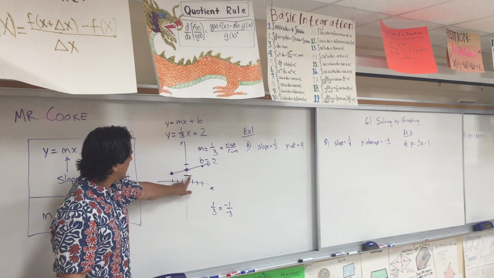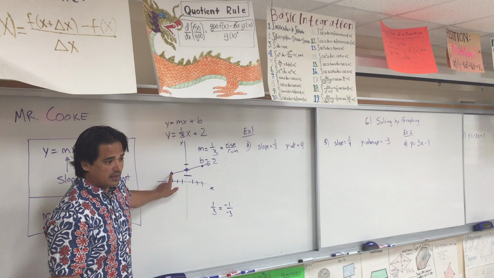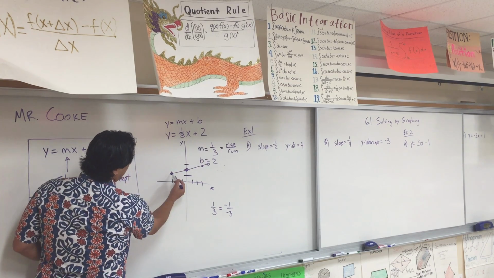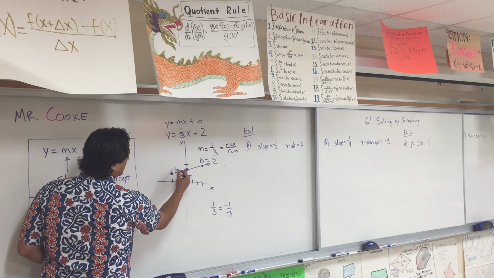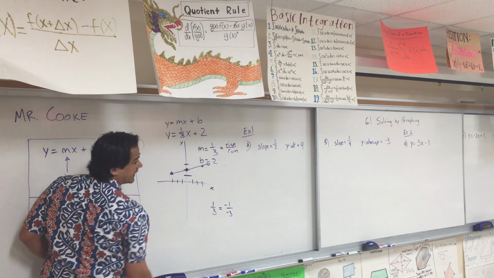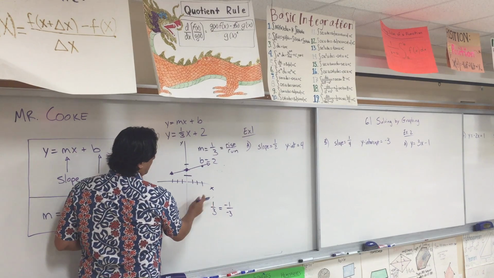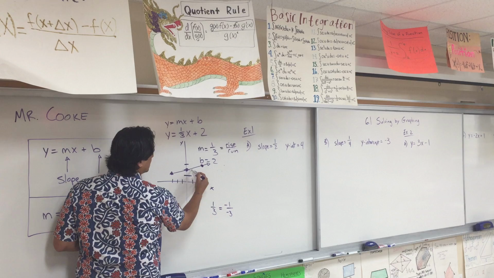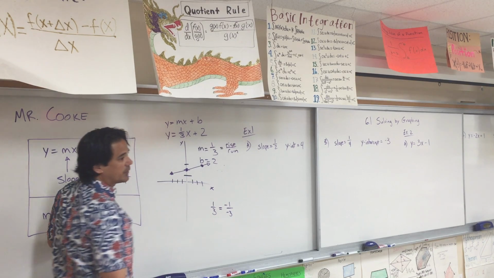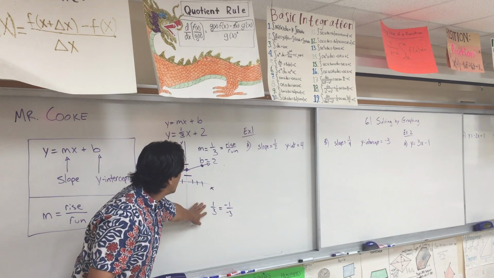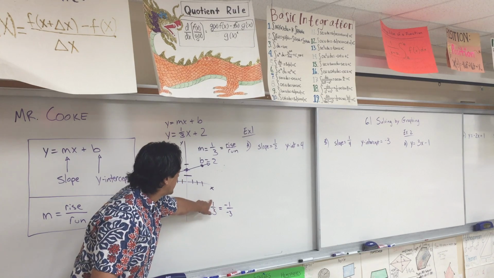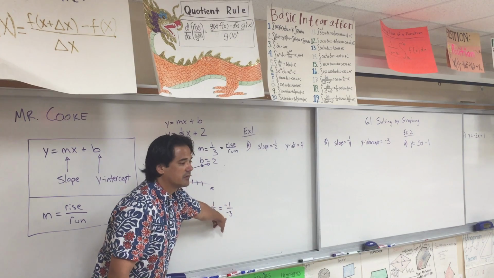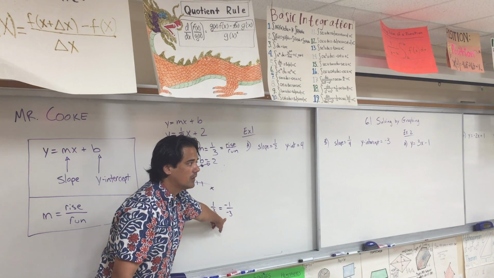Notice, if I go down 1 to the left 3, it lands me back on my line. From this point, I could go up 1 over 3, back on my line. From here, we could go down 1 to the left 3, gets me to that point. So if the slope is positive, you can think of it as +1 over +3, or -1 over -3.